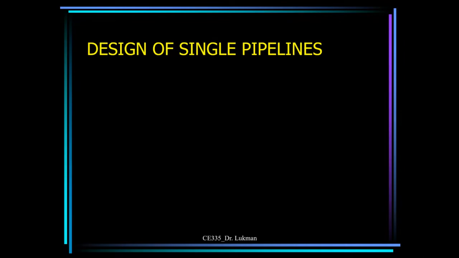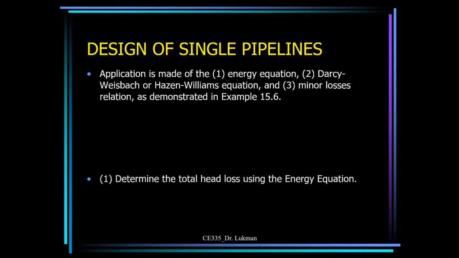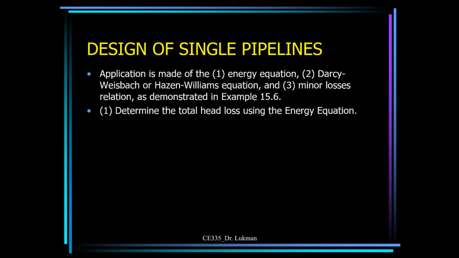Now we will go into the design of single pipelines. In the design of single pipelines, application is made of the energy equation and the Darcy-Weisbach or Hazen-Williams equation, and minor loss relations, as demonstrated in example 15.6. So how do we design a single pipeline?